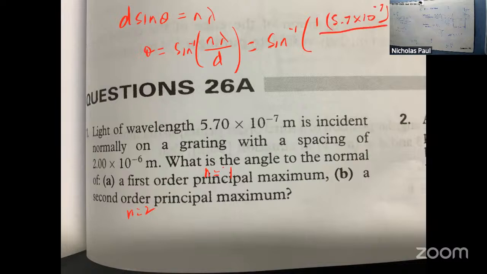They give d already, d is 2 by 10 to the minus. When you work it out, what did you get? 16.6, right? And then do it again for the second order. Just change the 1 to the 2.